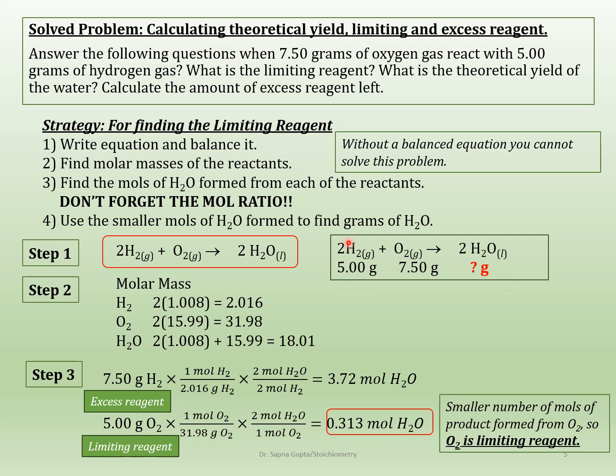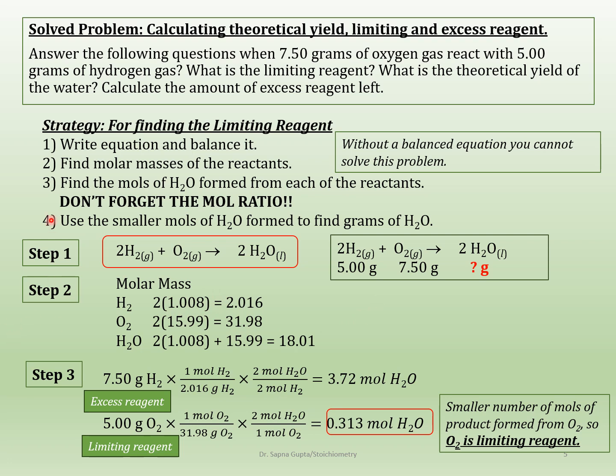So I know that I'm starting with 5 grams of hydrogen, 7.5 grams of oxygen, and I'm trying to figure out how much water I'm going to need. So these are the basic things. Even if you start solving a problem with some of this basic stuff, at least you start getting warmed up, you know, like, okay, I'm getting warmed up with the problem. As you calculate the molar mass, hydrogen, oxygen, water, right? So you have some of the stuff done.